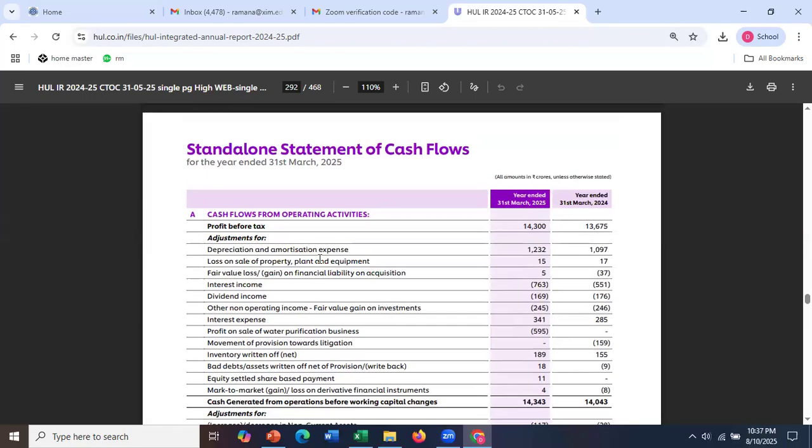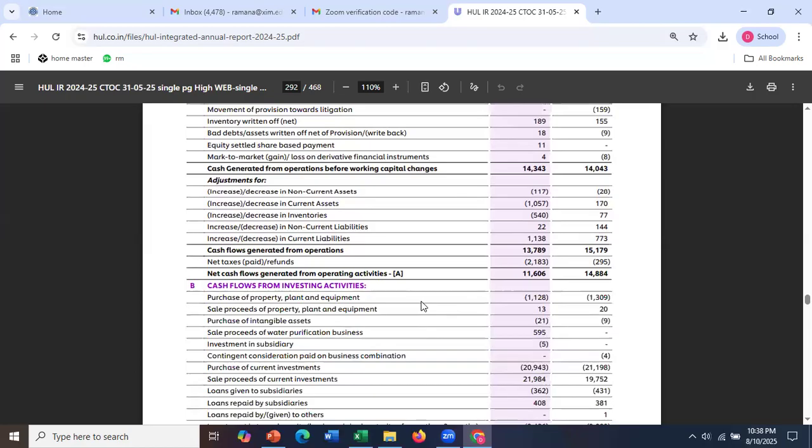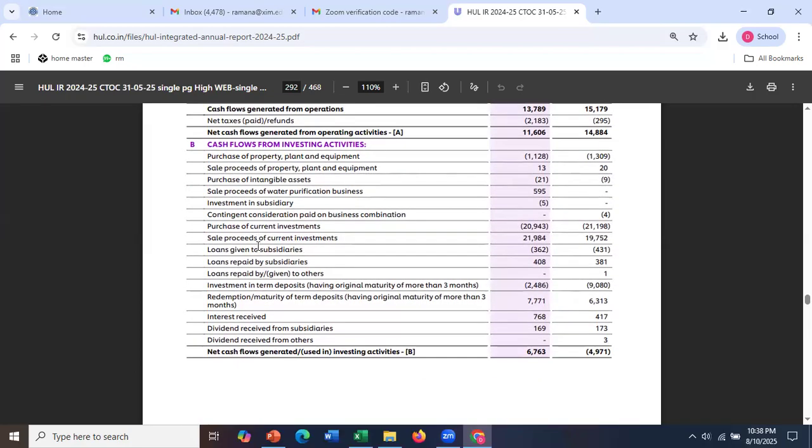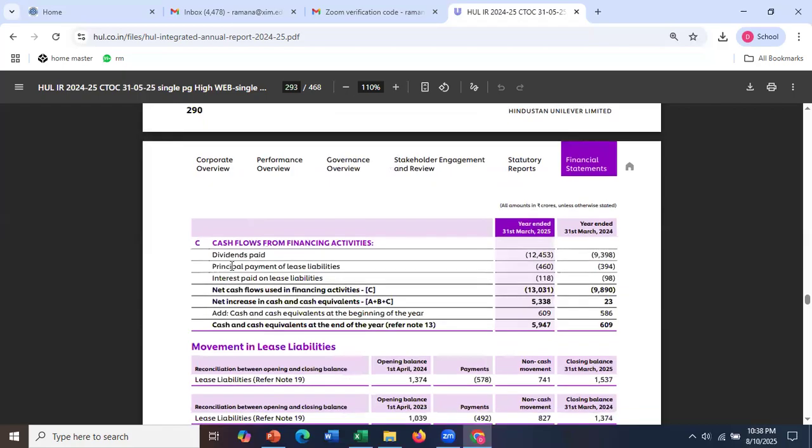So almost every listed company is bound to show the cash flow statement showing CFO, CFF, CFI, and CFO by using the indirect method. And you can see that cash flows from investment are not adjusted, it's a direct method. Financing is a direct method. So that is a cash flow statement.